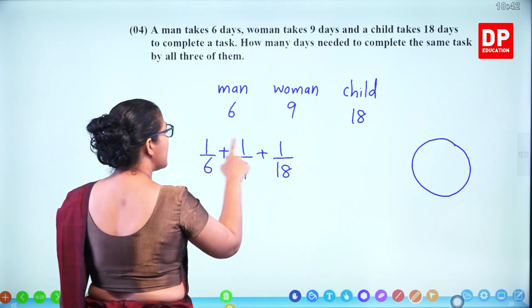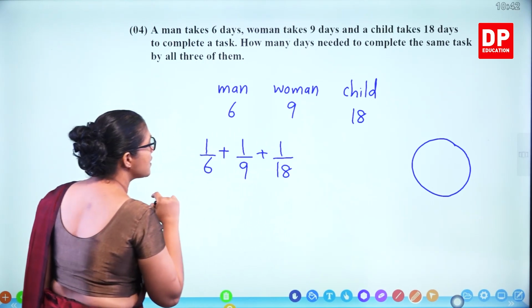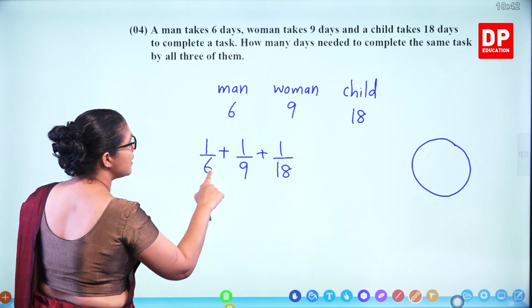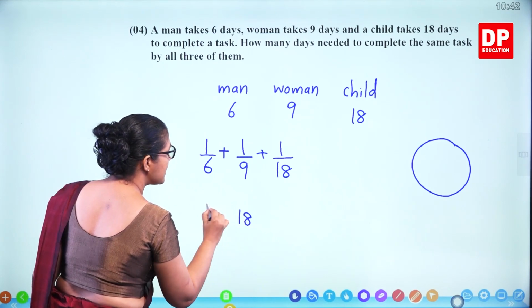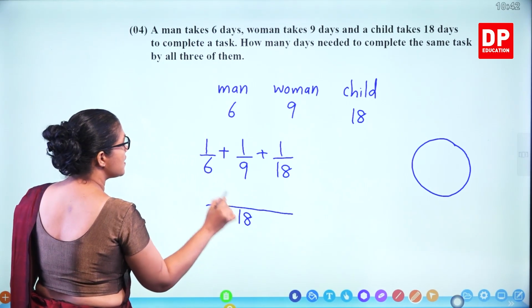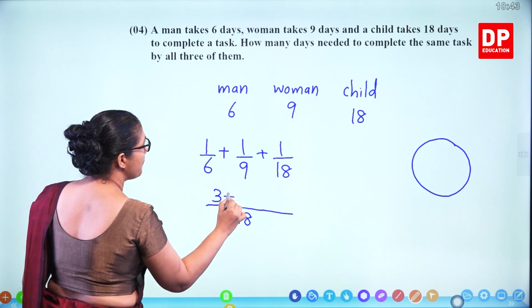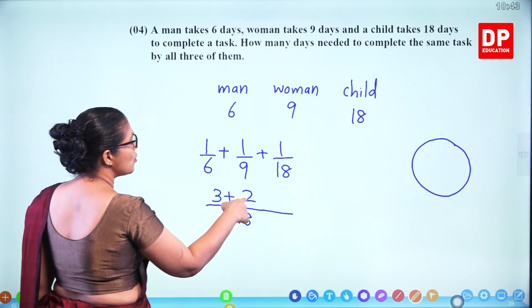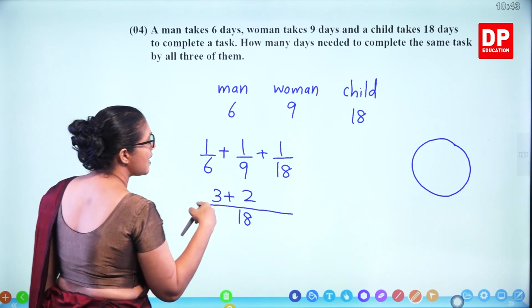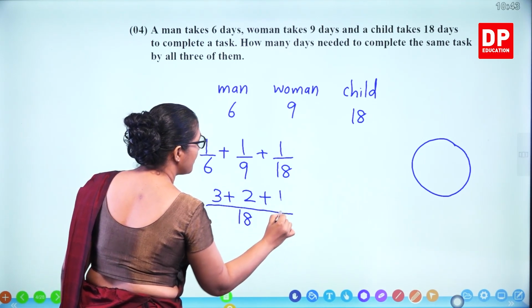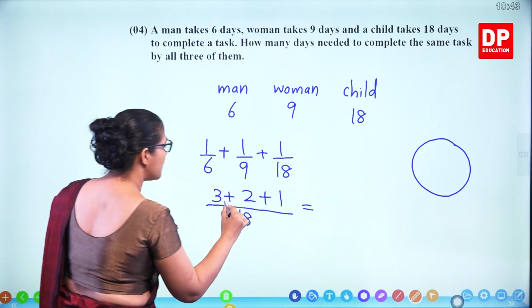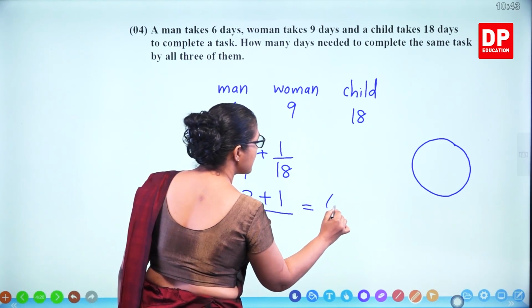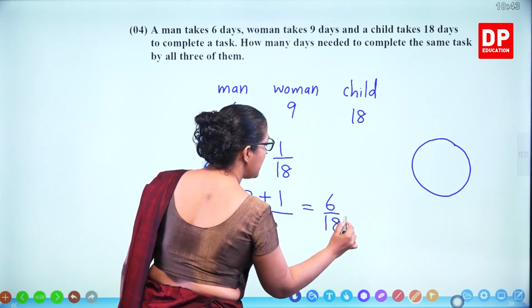So when it comes to all, what's the total? You can convert to the same denominator, that's 18. 3 times 6, 18. 3 times 1, 3. And 2 times 1 here, 2, because 2 times 9 is 18, plus 1. You get 3 plus 2, 5 plus 1, 6 over 18.